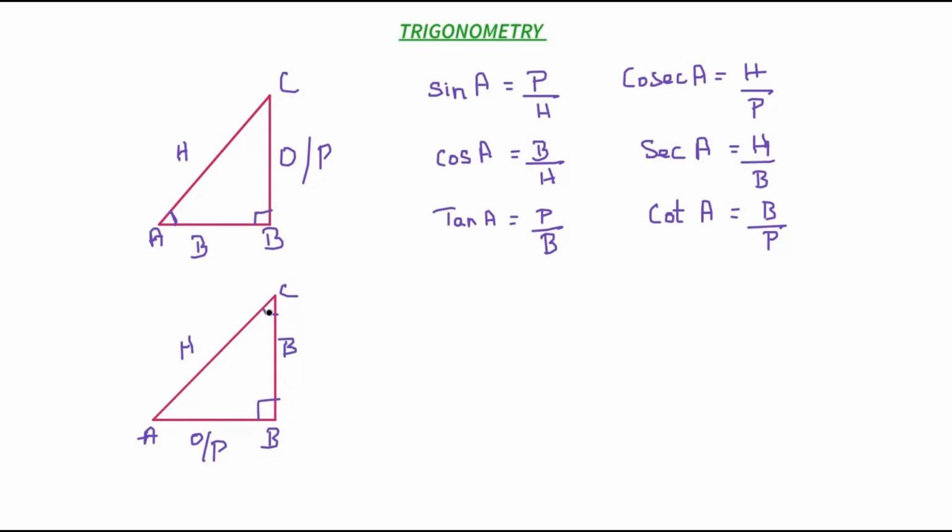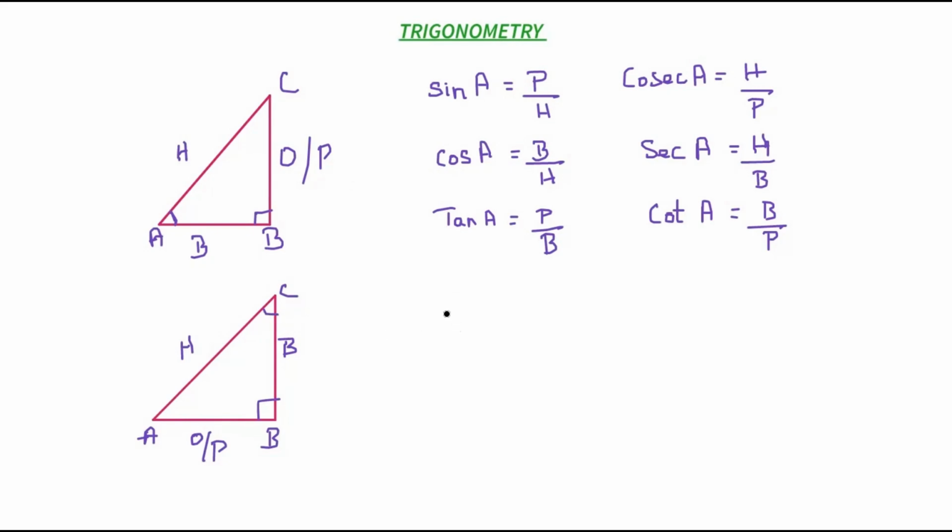Easy. Whichever is the reference angle, just opposite to it is the perpendicular, and next to it is the base. This hypotenuse will never change. It will remain constant. Only these two flip around. Right? Now let's write the same six trigonometrical ratios with reference to angle C.